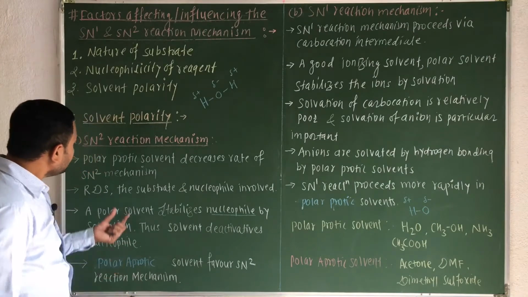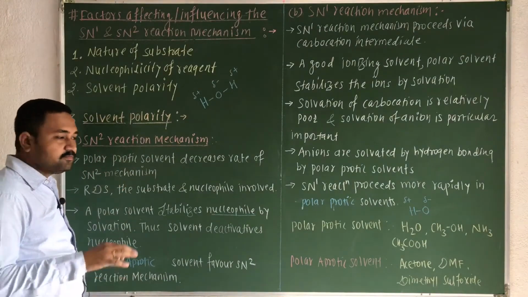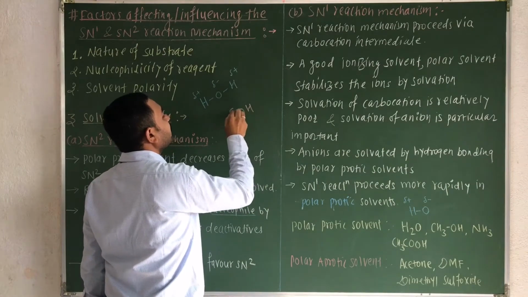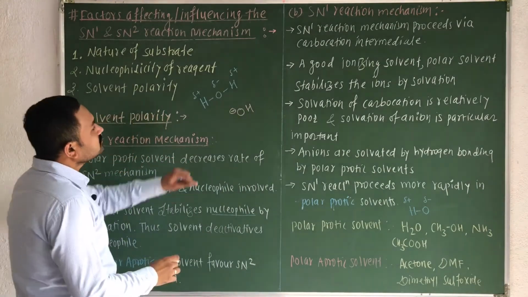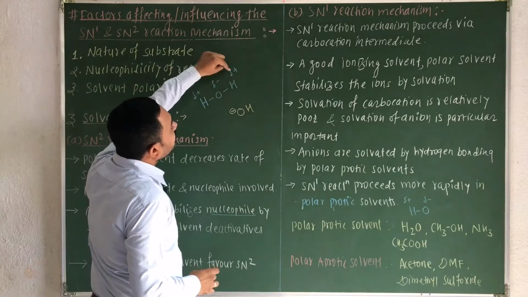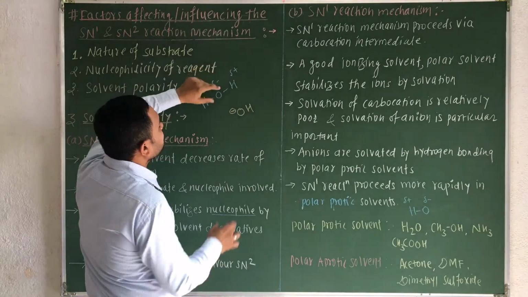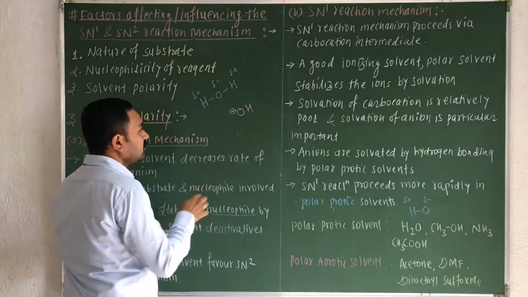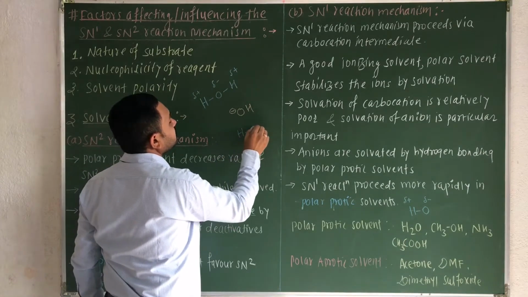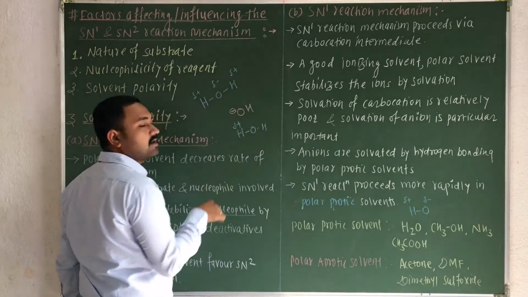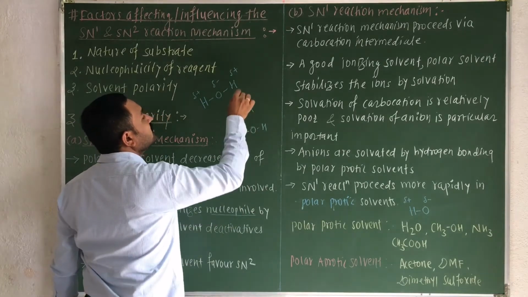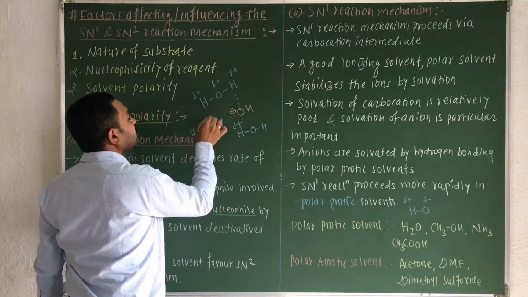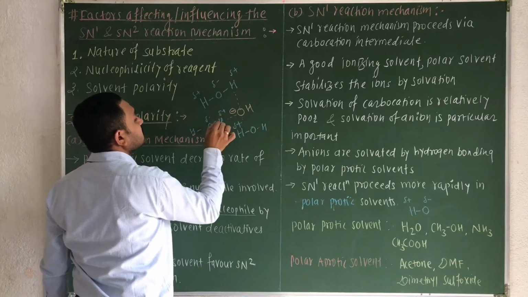You know that in the SN2 reaction mechanism, the nucleophile OH minus has the minus charge, so these delta plus hydrogen atoms can trap this OH minus ion. The delta plus hydrogen will form hydrogen bonding with this solvent, delta minus, delta plus.